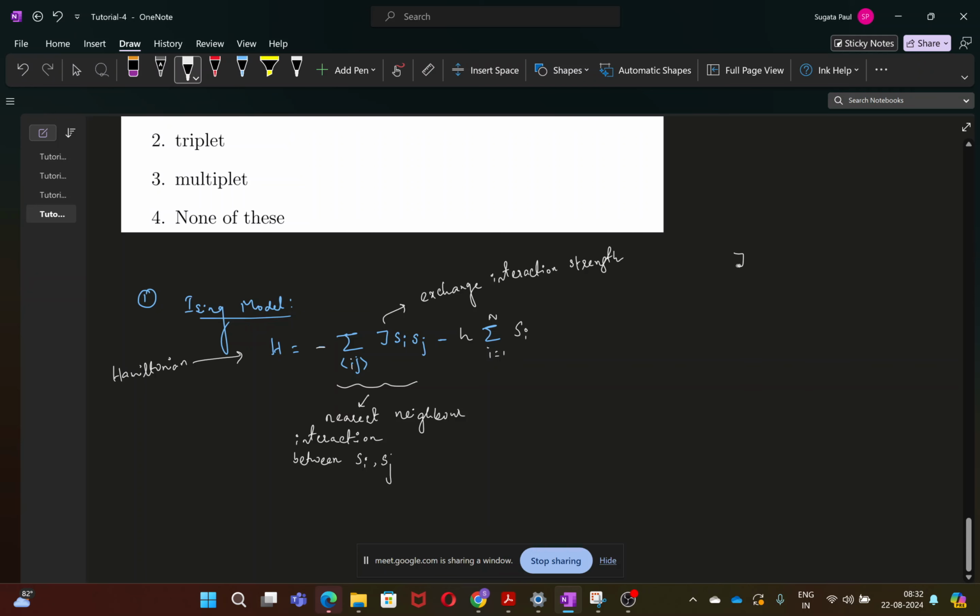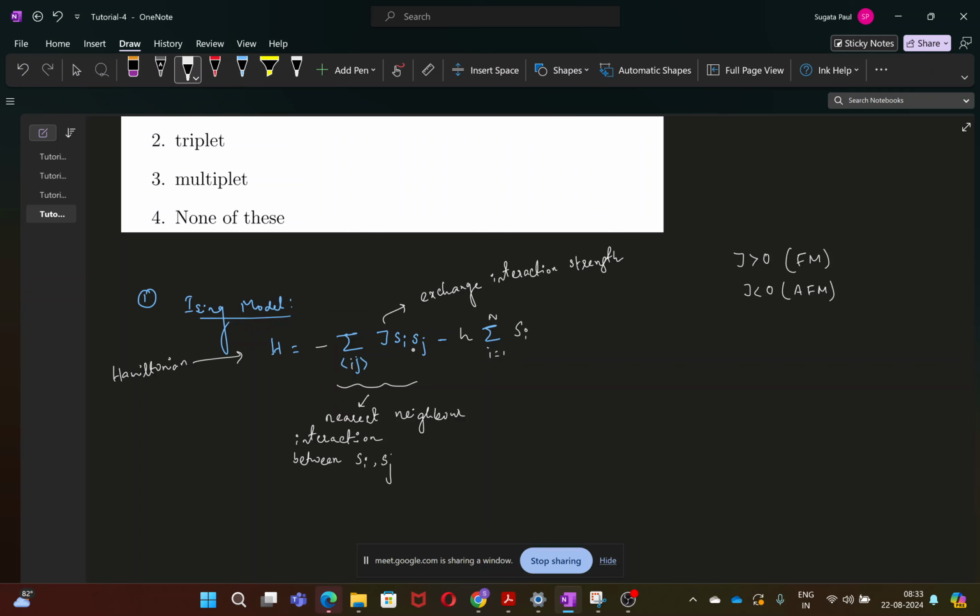where we know that if J in this structure is greater than 0, that means the system is ferromagnetic, and if J is less than 0, then the system is antiferromagnetic. And why so? Because in front of this J Si Sj there is already a negative sign. If the system is ferromagnetic, then the spins will be parallel to each other.